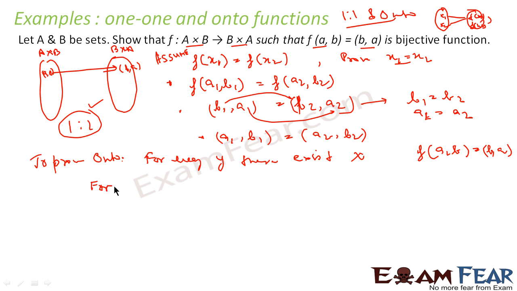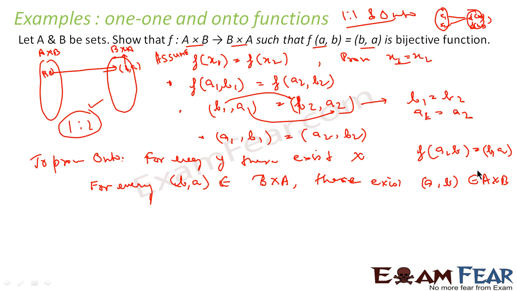So we can say that for every (b, a) that is a member of B cross A, there exists (a, b) that is a member of A cross B. That means it is an onto function, if we can prove this, correct?